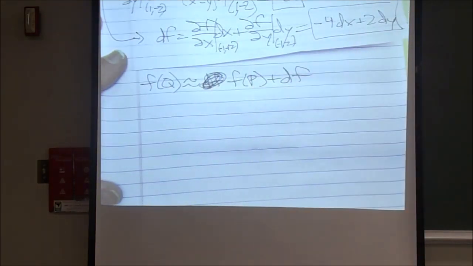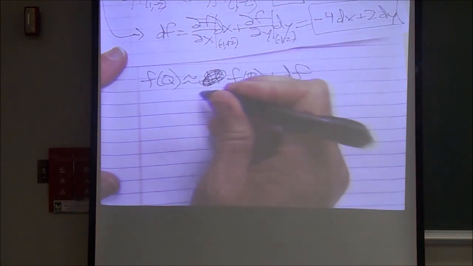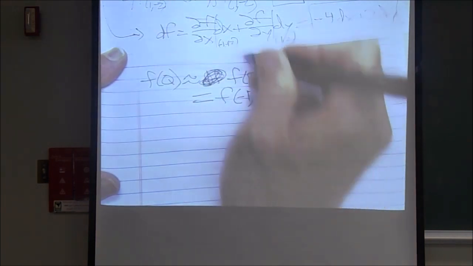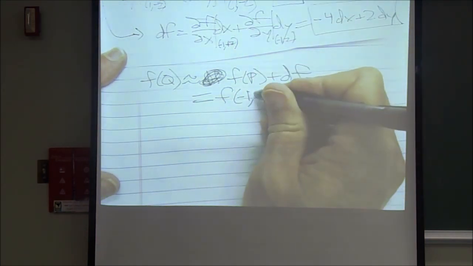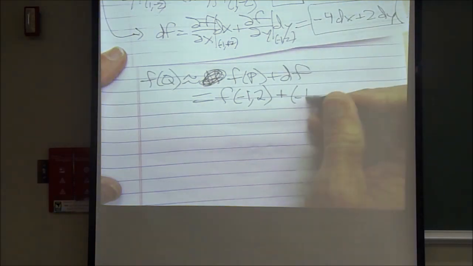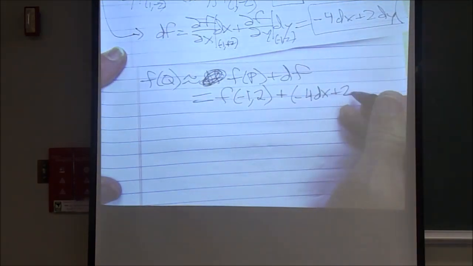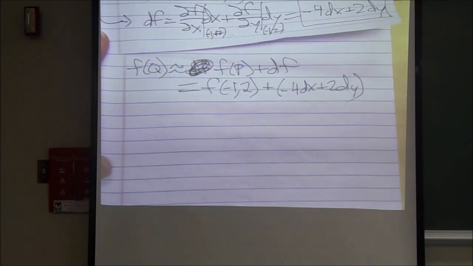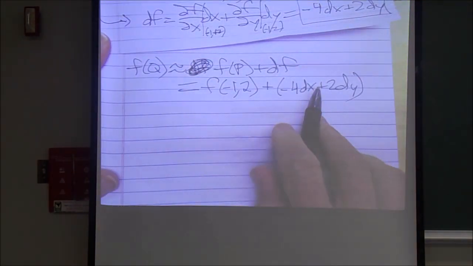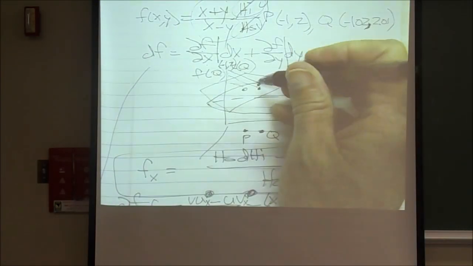I don't know if they quite use this notation in the book, but you take f at minus 1, 2, plus df, which was minus 4 dx plus 2 dy. That's how we actually estimate the function at the point. We add df, the estimated change in f. That's what this was up here.